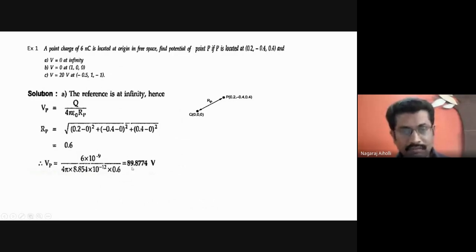You need not calculate it again; take it directly from part A, then minus 53.9264, because the value of C is negative. This will come out to 35.9509 volts, with the reference at (1, 0, 0) where V is equal to 0 volts.